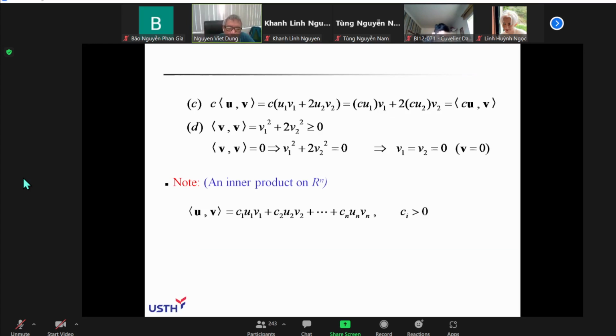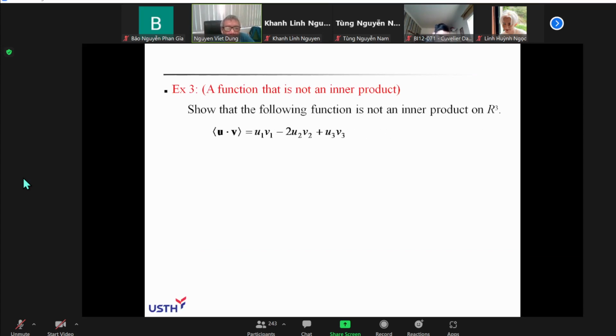And the next slide will show you a counterexample. That is the case where one of those coefficients is not positive. If you consider a function like that, you see here we have a coefficient that is negative, it is -2. Then that one is not an inner product. Why is that?